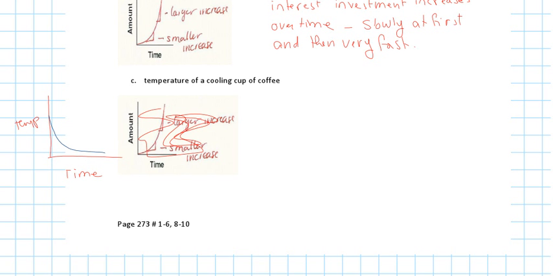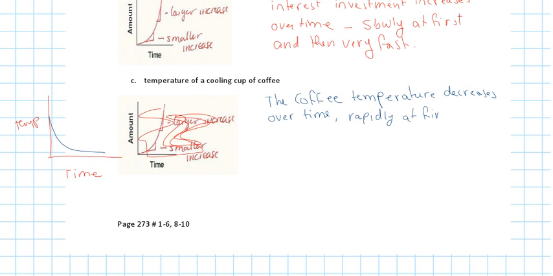So the coffee temperature decreases over time, rapidly at first, then more slowly, finally leveling off at room temperature.